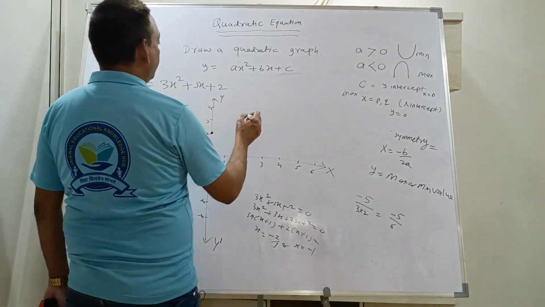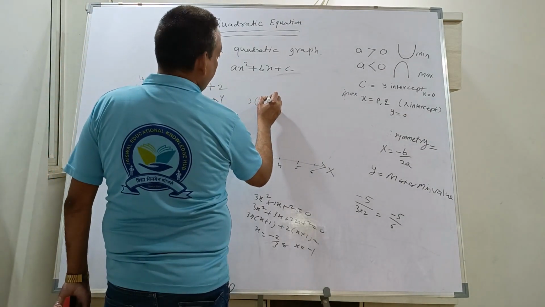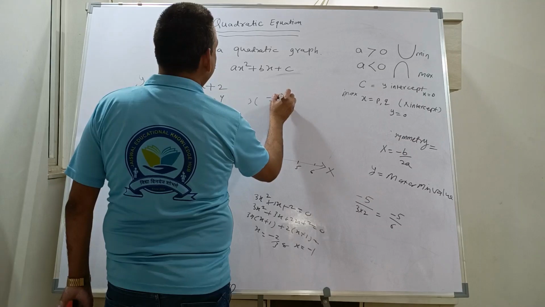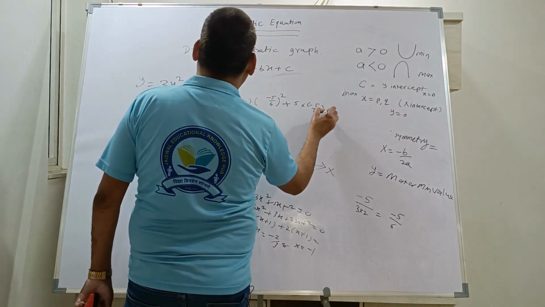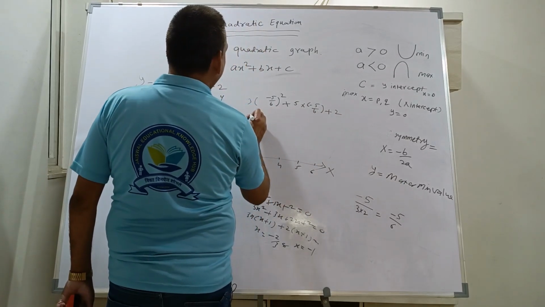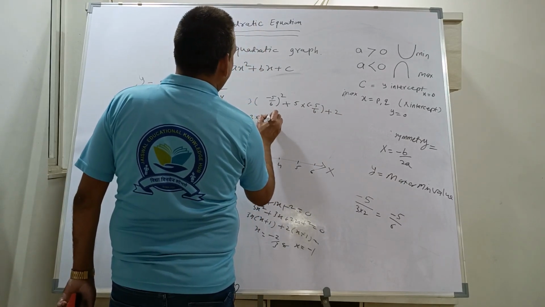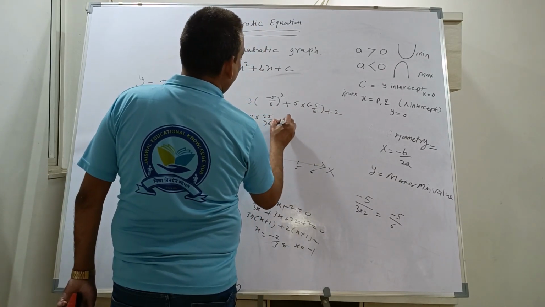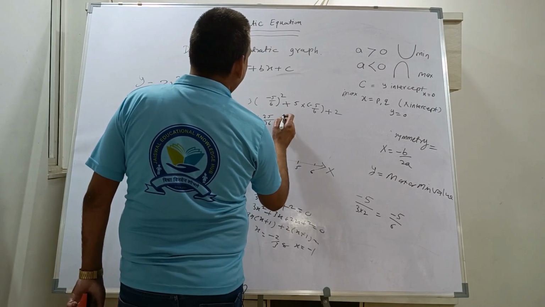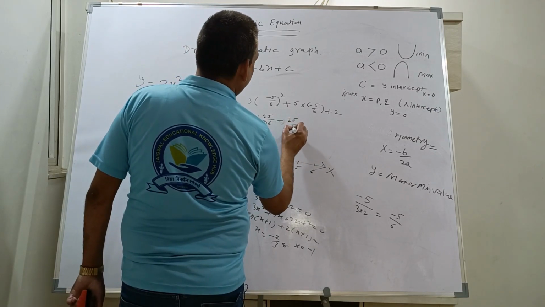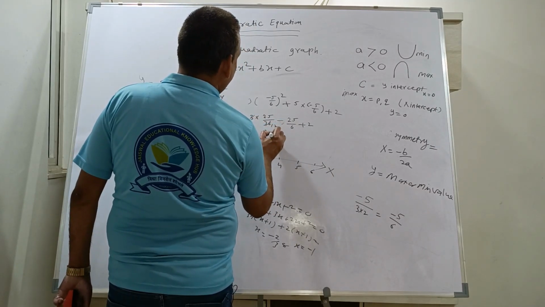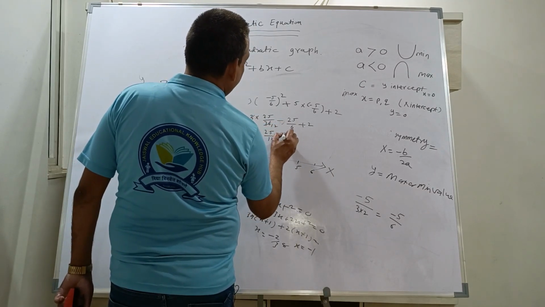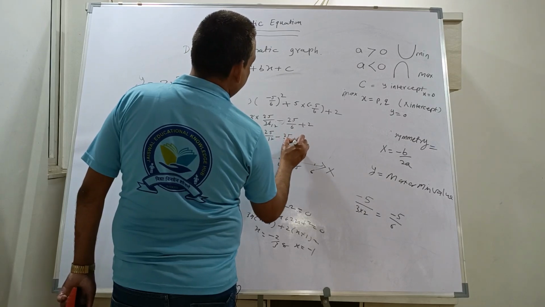So that will be 3 times minus 5 upon 6 the whole square, plus 5 into minus 5 upon 6, plus 2. So that becomes here 3 into 25 upon 36 plus minus 25 upon 6 plus 2. So this becomes 25 upon 12 minus 25 upon 6 plus 2.